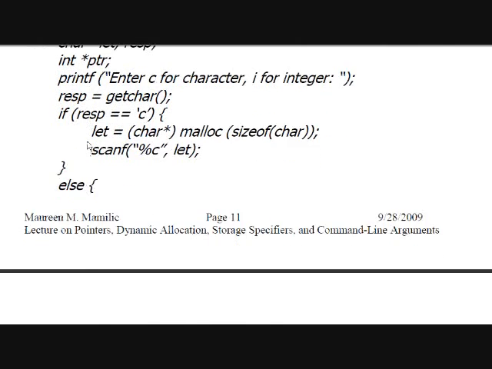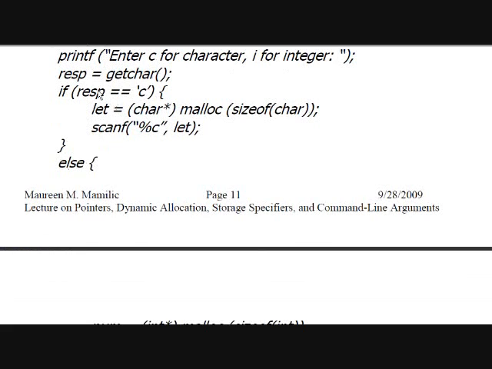Using the if statement, it will compare if the value stored in resp is equal to C, and if it's true, then a character, or 1 byte of memory, will be allocated from the heap, and the address of that memory will be stored in letter. Using scanf we can read an input and store it into that memory cell.